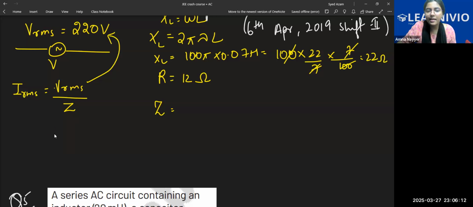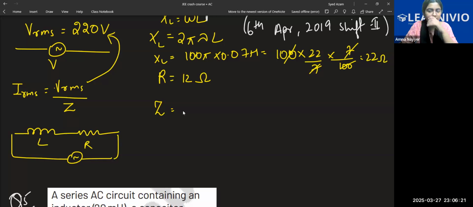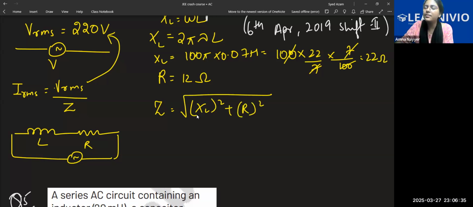It's a circuit having an inductor and a resistor together. What should be the impedance? Capacitance is not there. Yes, under root XL square plus R square. If it is LCR, then we take their difference. If it is only LR, we just take XL and R. If it was only an RC circuit, then this would have been XC. That's it.